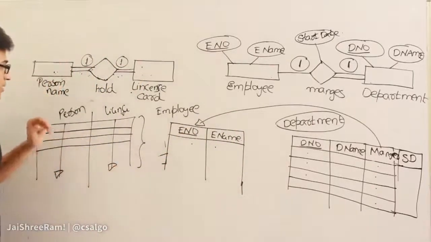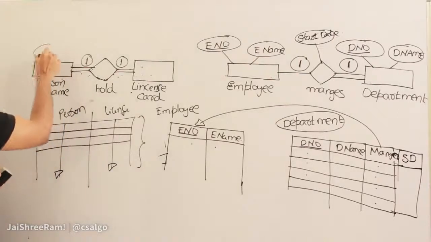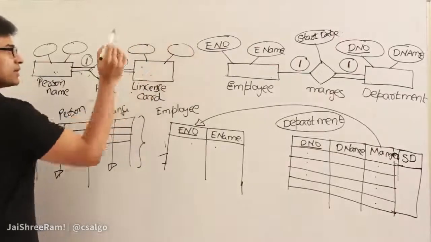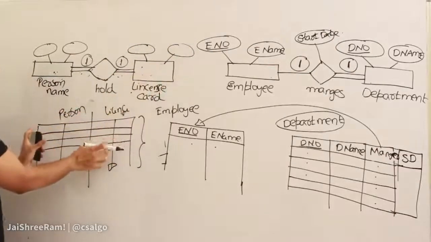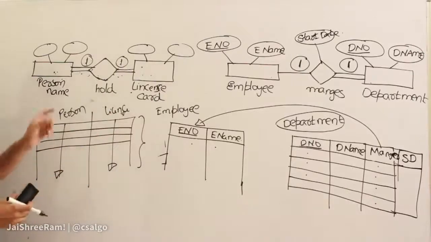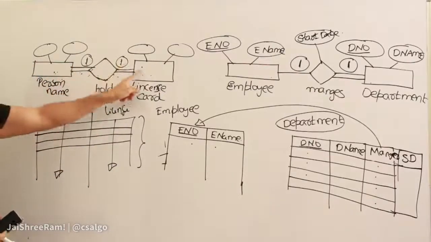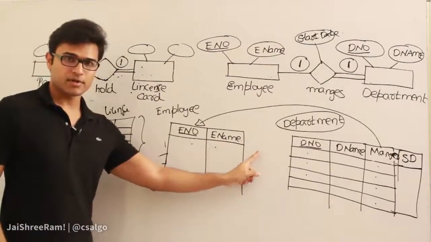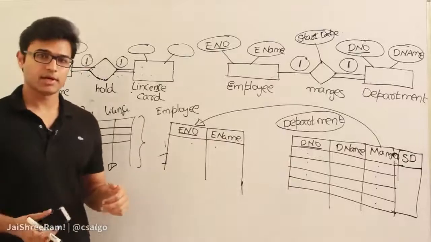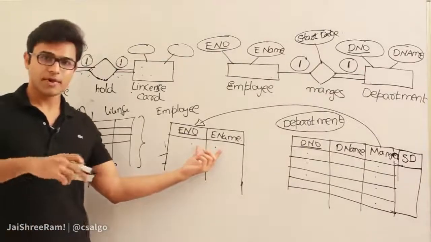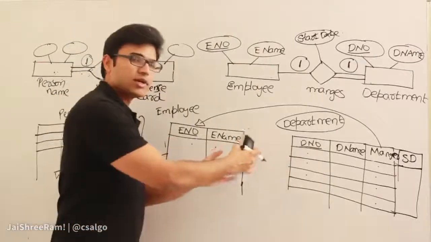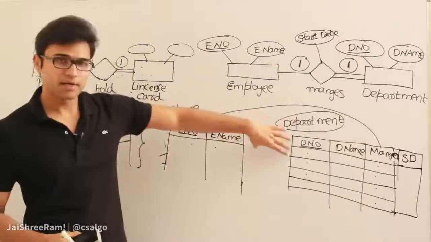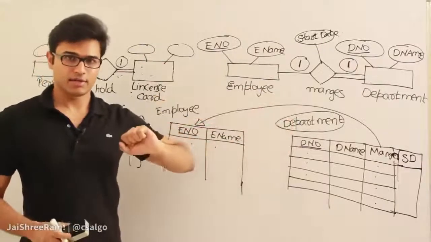But here, when I combine these two, let us say it has person ID and person name, and it has a license number and license date, something like this. Every cell will be filled up because a person has person ID, person name, license ID and license date, right? But here an employee may not be managing a department, right? Like in the earlier example, only two employees are managing the departments. Then when I combine these two tables, only those two particular employees will get the department details filled up and all the others will have null, right?